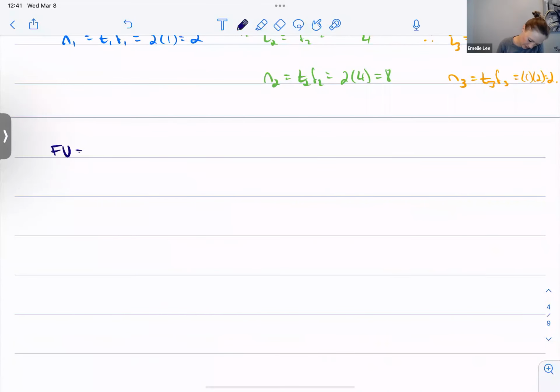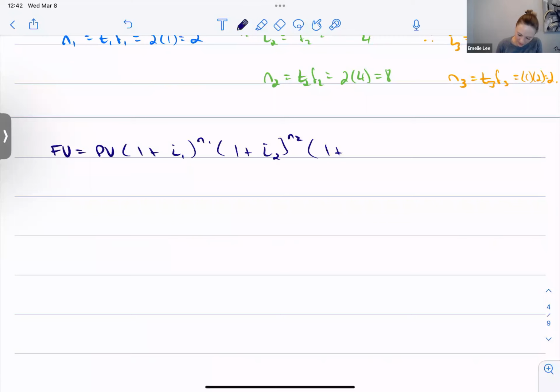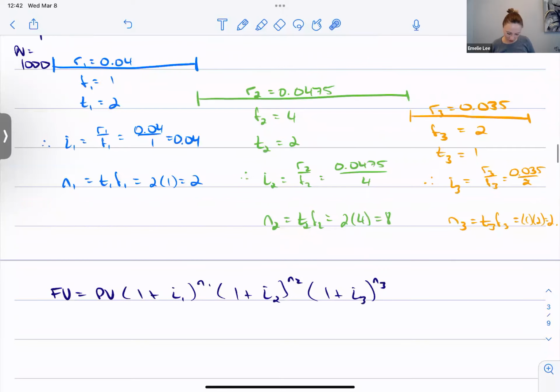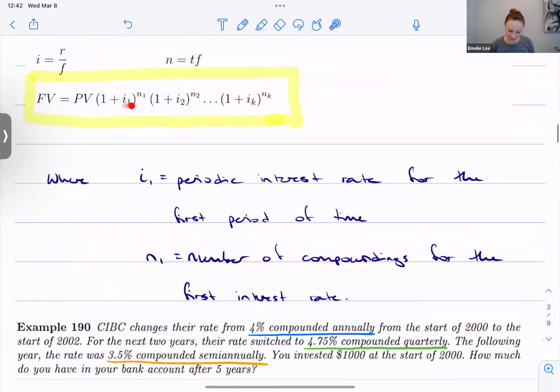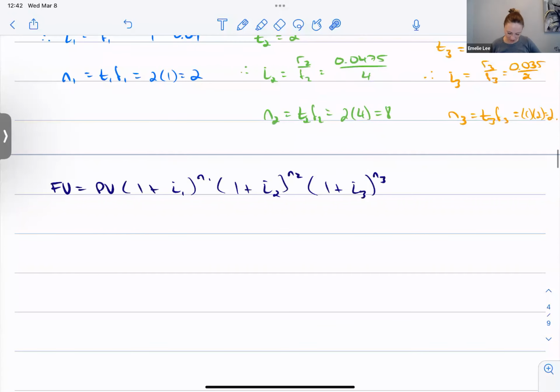The future value is the present value times (1 plus I1) to the power of N1, times (1 plus I2) to the power of N2, times (1 plus I3) to the power of N3. I'm finding it very tempting to add these, but they're actually multiplying. So just keep yourself in check there. They're multiplying across. I don't know why, but it was very tempting for me to just add them.